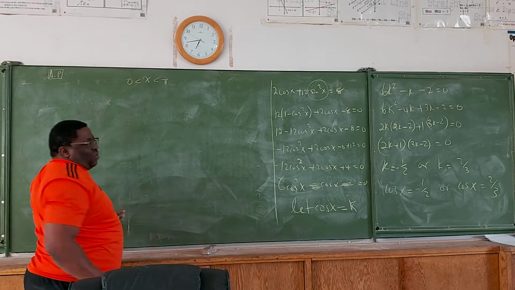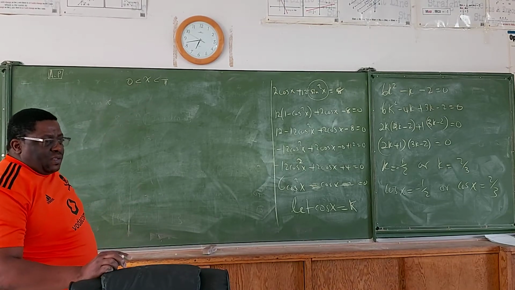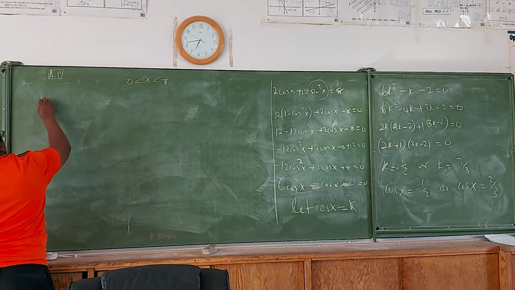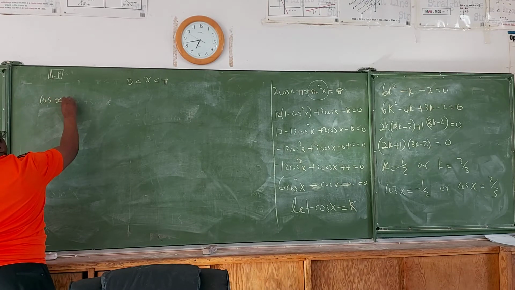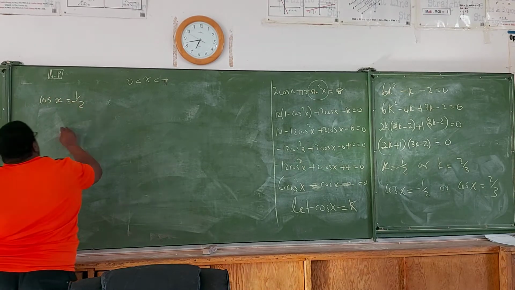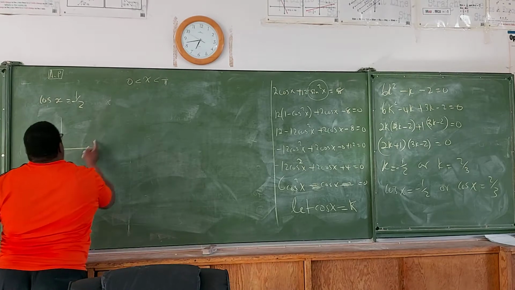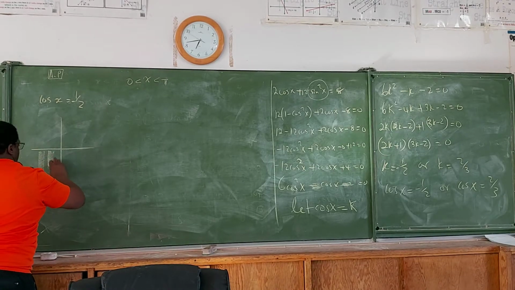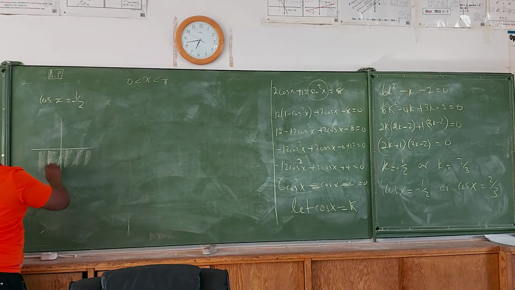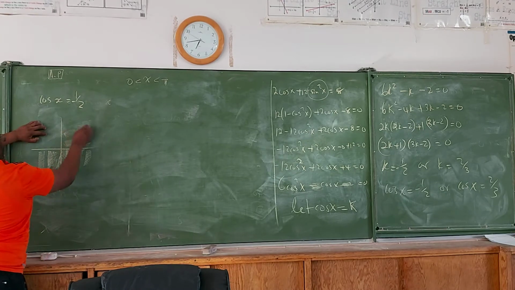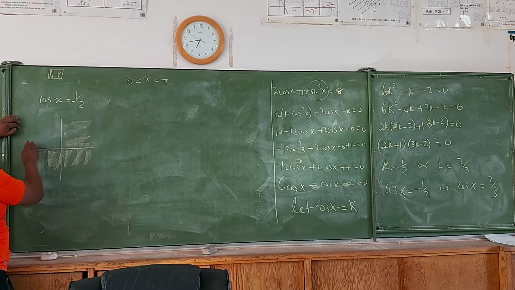Nothing to be afraid that I'm going to ask you compound angles here. So you have cos x is equal to negative a half. Cosine, domain is only up to there, so this is not considered. Negative is here, so this is not considered. So it's pi minus theta.